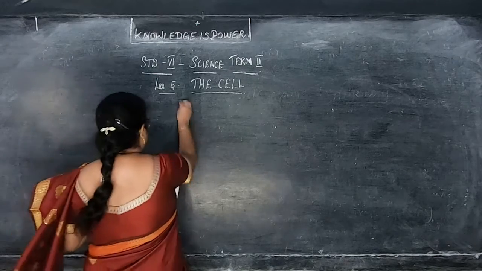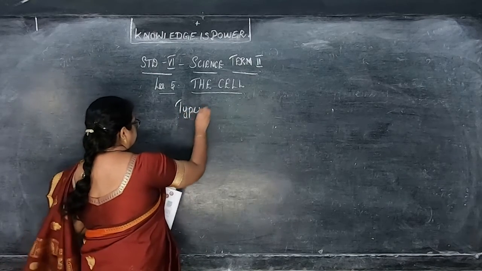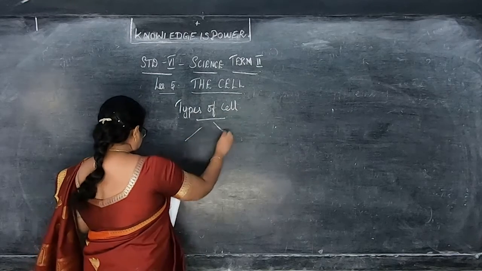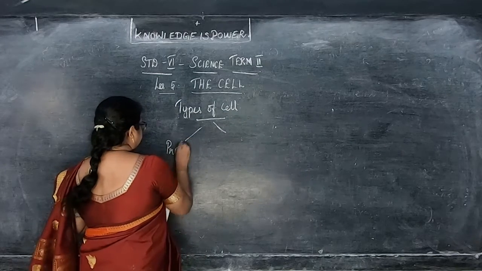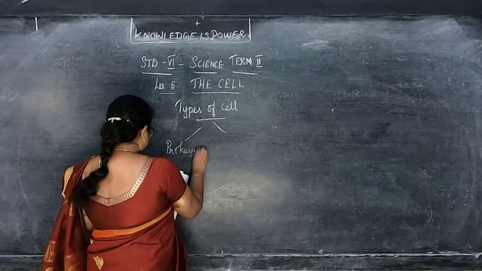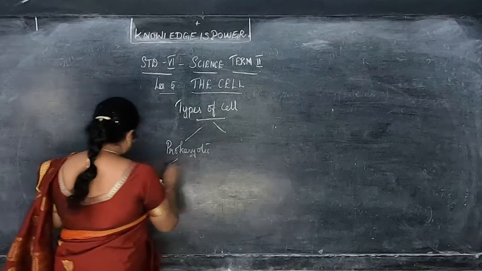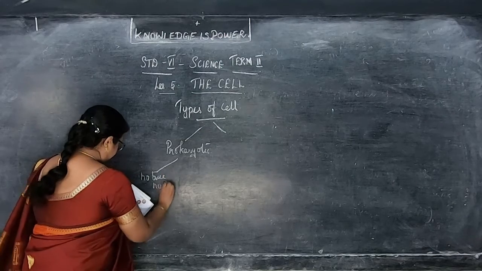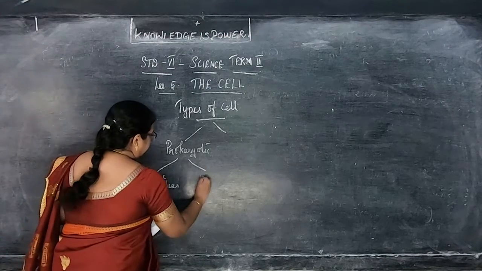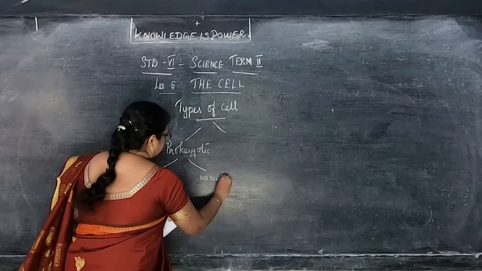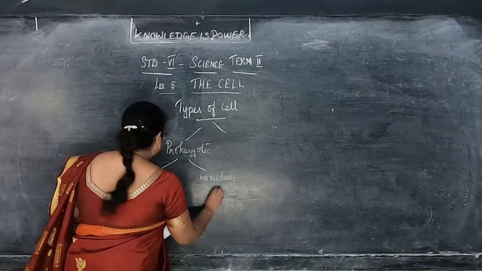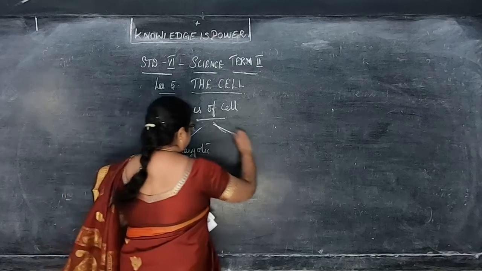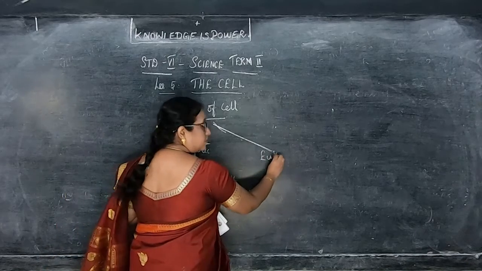See here, these are the types of cells. Two types: the prokaryotic cell has no true nucleus and no nuclear membrane. Next is the eukaryotic cell.